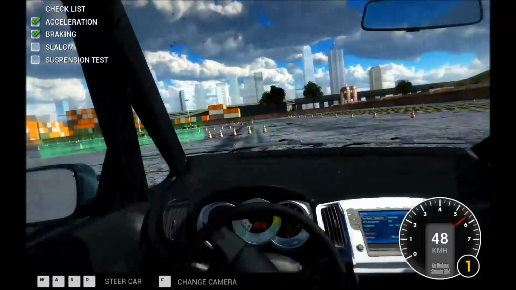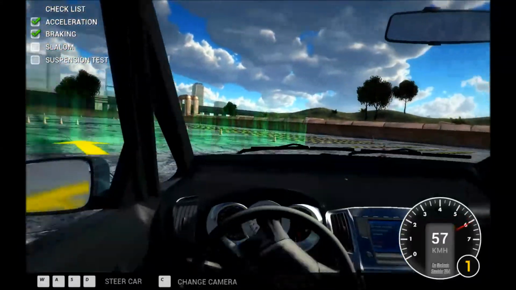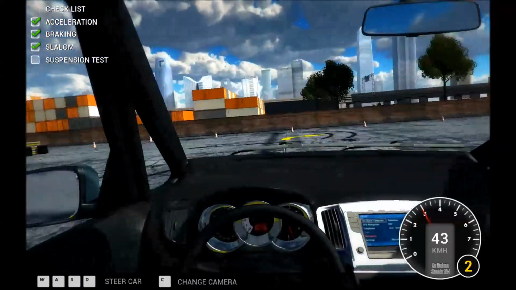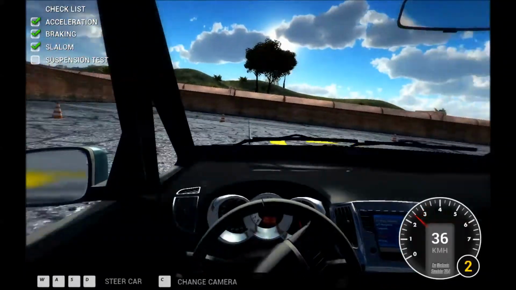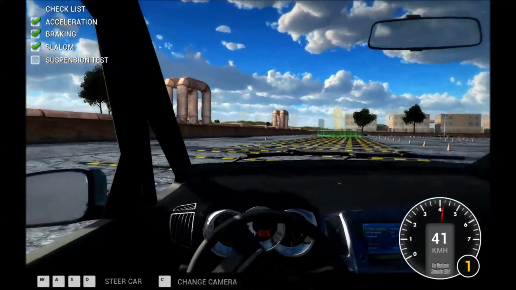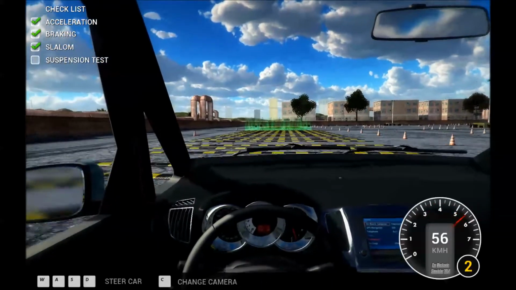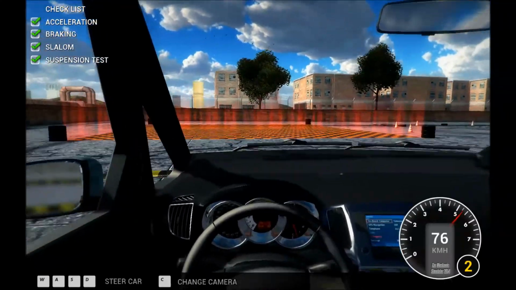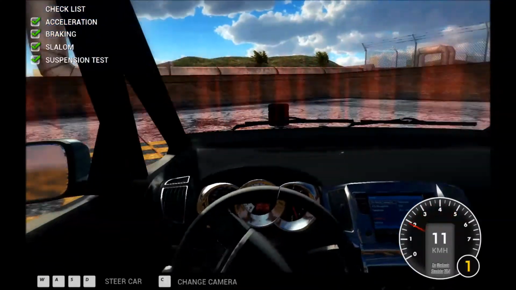Yes, that's right. Slalomicity. Good, that seems fine. Now for the bumps. Makes surprisingly little noise. I have to say, most times I go over bumps like that in my car, it makes a sort of horrific noise. But anyway. Whatever. Okay, so let's see if that told us anything at all.